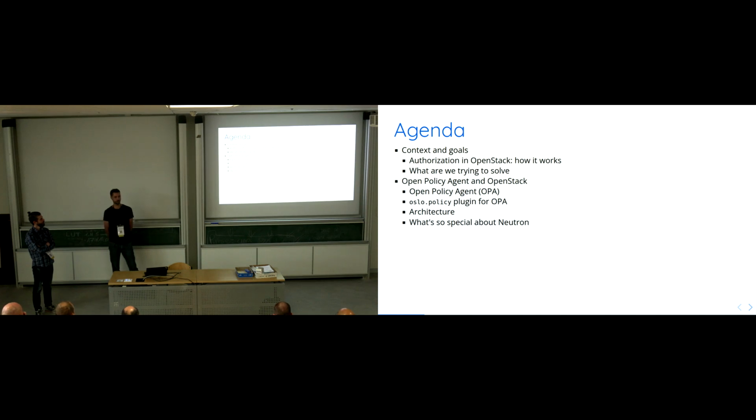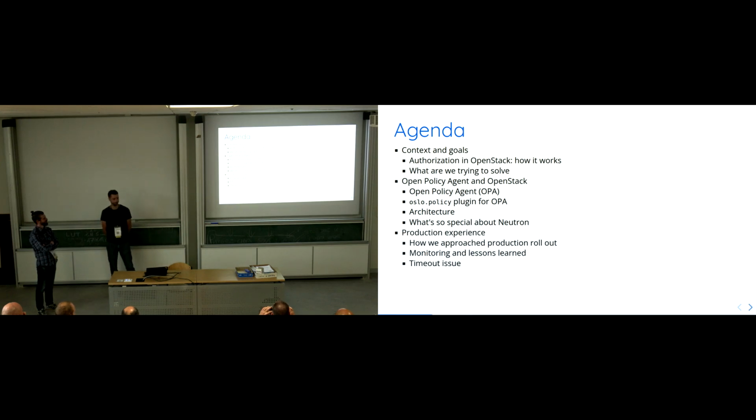Then we'll go a bit deeper into OpenPolicy agent itself and how we integrated with OpenStack, what were the challenges here, what solutions we came up with. We'll cover, there are a number of architecture questions running OPA alongside OpenStack. And we'll have a special highlight on Neutron for reasons that you will understand. It's not so easy for Neutron. Artem will tell you more when we get there.